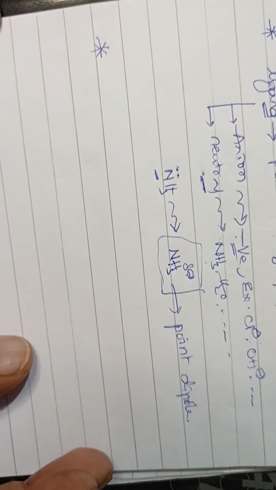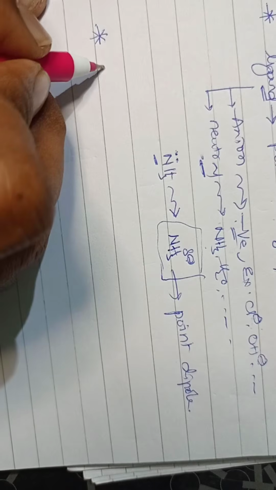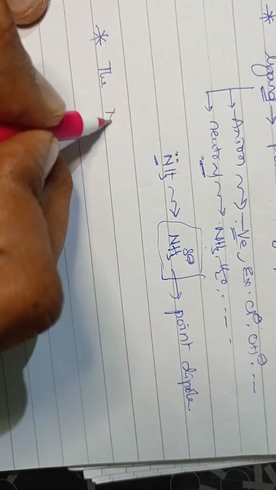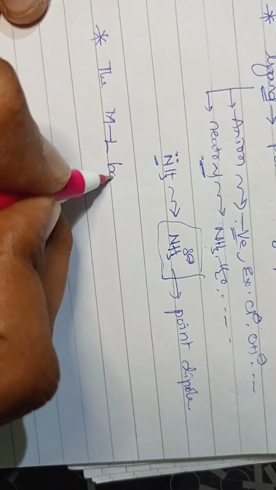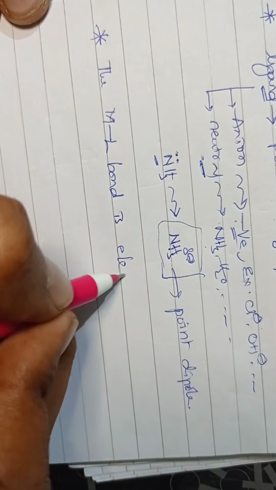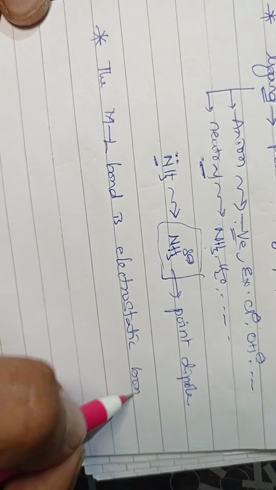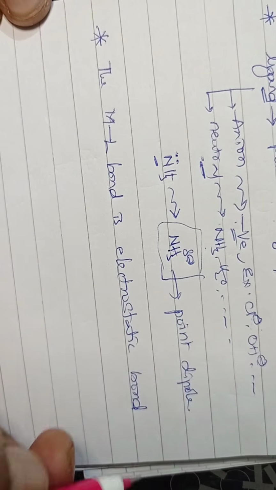In the third statement, they describe that the metal-to-ligand bond is an electrostatic bond or electrostatic interaction.